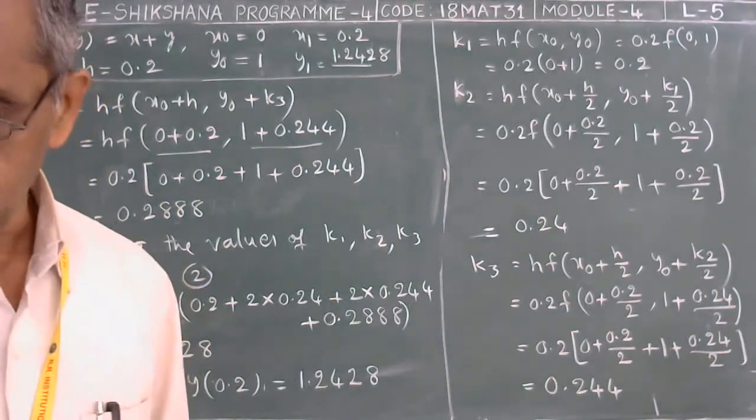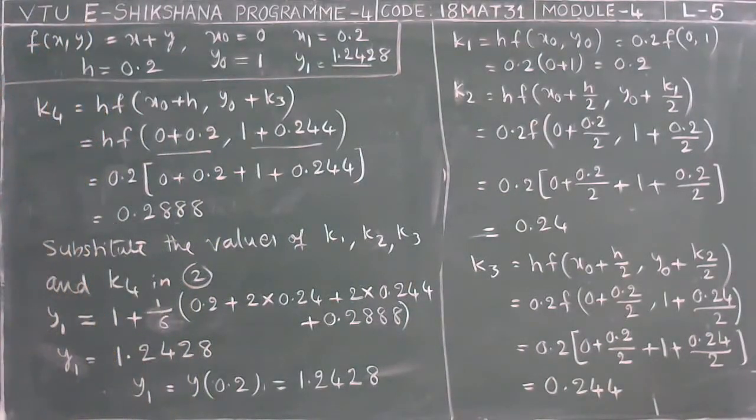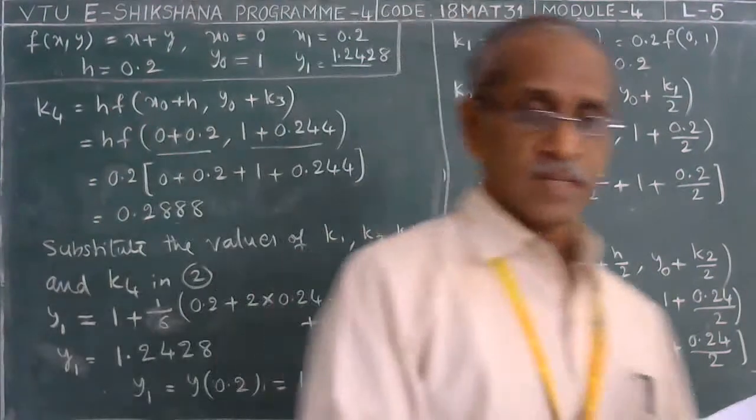That is the numerical value of y at x equal to 0.2. So this completes the problem.